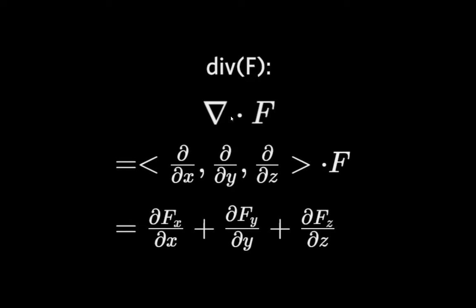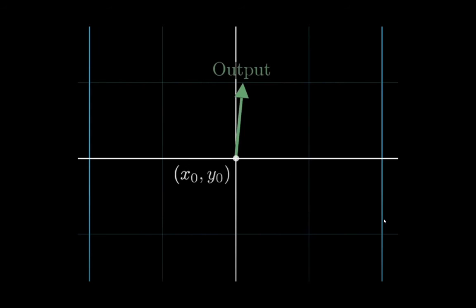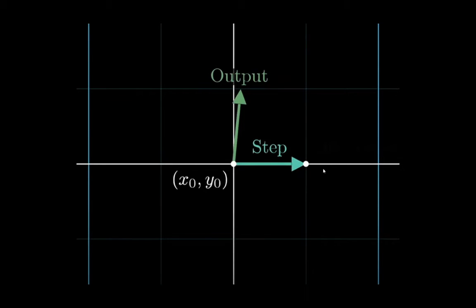And this is outside of the scope of this lesson, but for the curl, it's a cross product between the gradient and the vector field. But the reason why this dot product exists in the first place and why this gradient comes here, the intuition behind the mathematics, we could kind of see with this little diagram. Imagine taking some small step from one point of your vector field, denoted by the vector at x0, y0, taking some step in some direction, and then finding the new resulting vector.